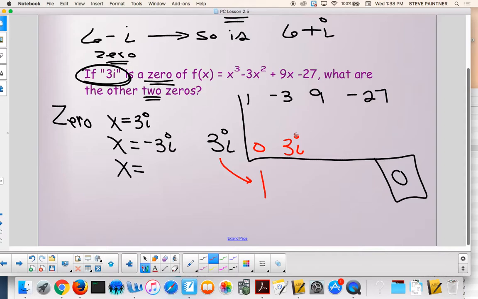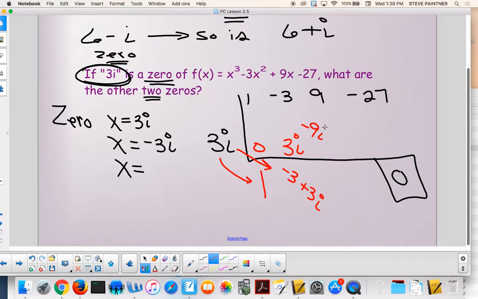They're not like terms. It's negative 3 plus 3i. Now what? Then you multiply, so that times that is negative 9i.